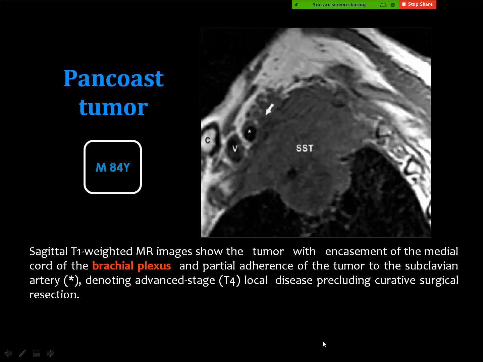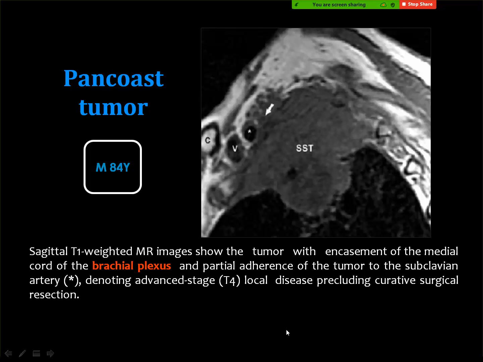Then in cases of Pancoast tumor, you need the help of MRI, especially the sagittal image, where you can see the roots of the brachial plexus, the subclavian artery, and the subclavian vein, and you decide the relation of the tumor to these important structures.